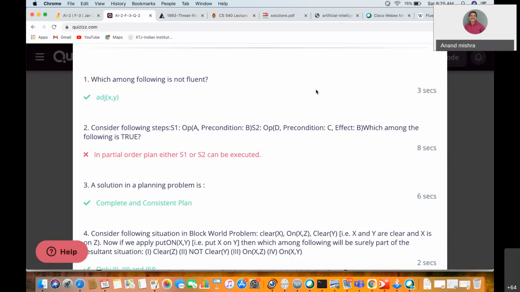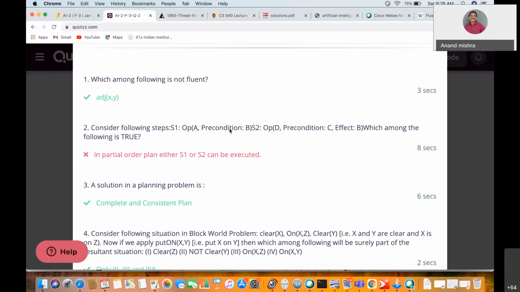Consider the following steps S1 and S2. So in S1 and S2, there is a constraint, right? This answer is wrong, but the right answer is S2 has to happen before S1, because the precondition of this is B, right?